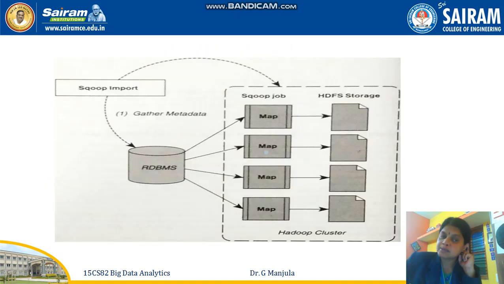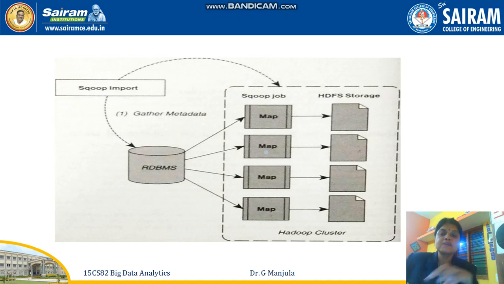I think you can understand better with this diagram, showing how Sqoop imports and how data is gathered. There is a Hadoop cluster, and in the Hadoop cluster only map is going on, there is no reducer. The map has HDFS storage, because it talks about the relational database.